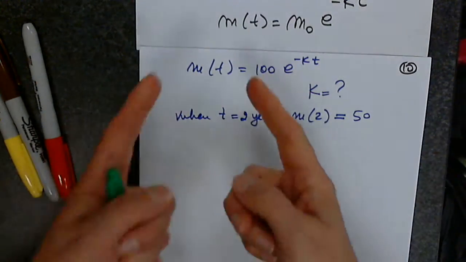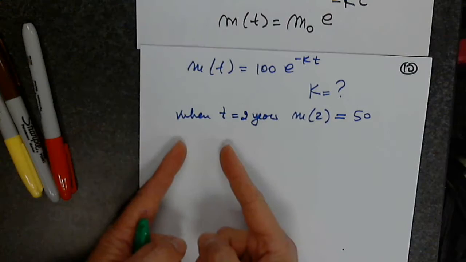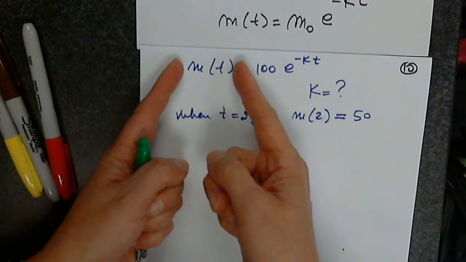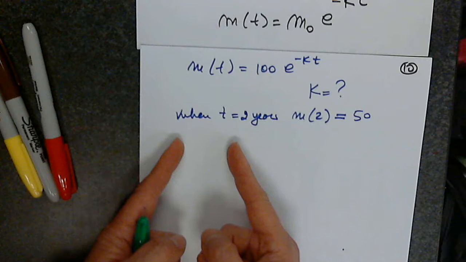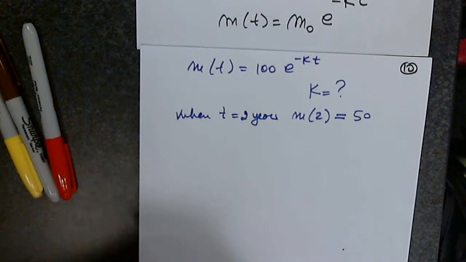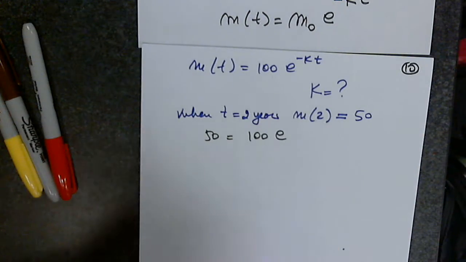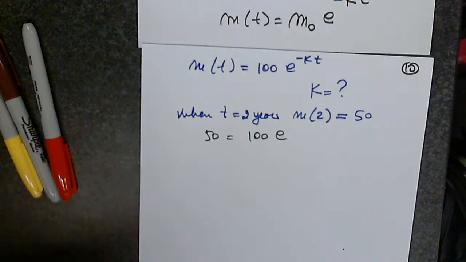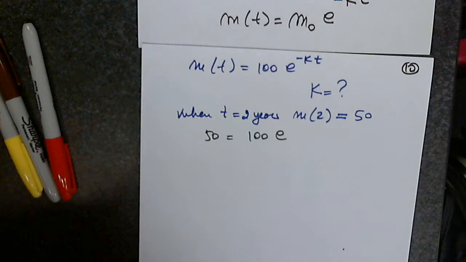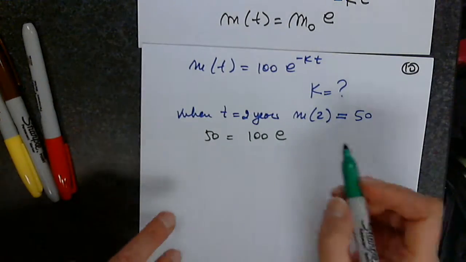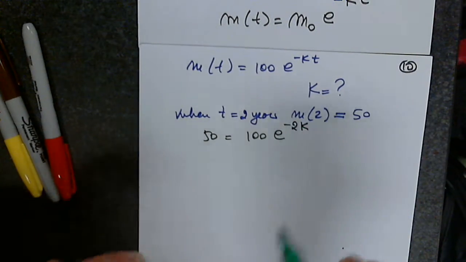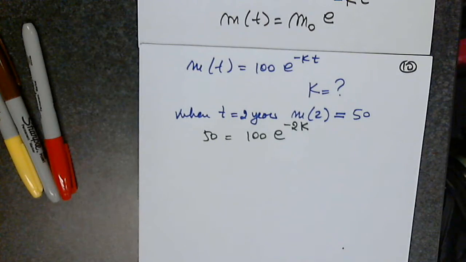Can anyone tell us what this is? In 2 years, 50 equals 100 times e to which power? Right, 2 with negative and k. Very good. Negative 2k. Like before, what do you think we're going to do first?